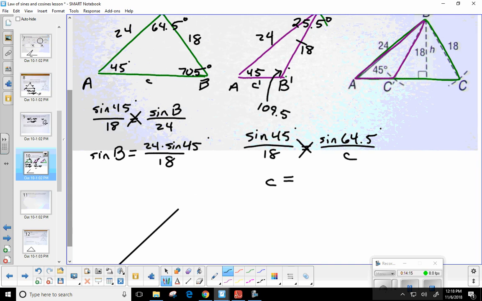C should equal 18 sine 64.5 degrees all over sine 45 degrees. So someone help me out with that. Plug that in the calculator and just round it to the nearest whole number.